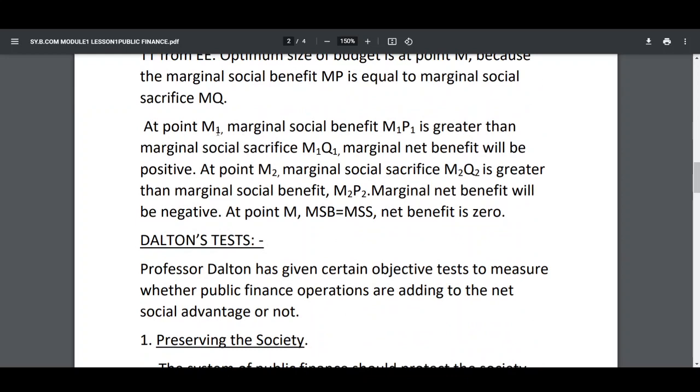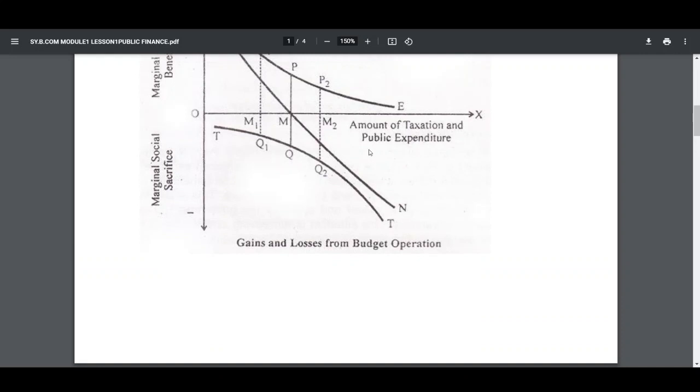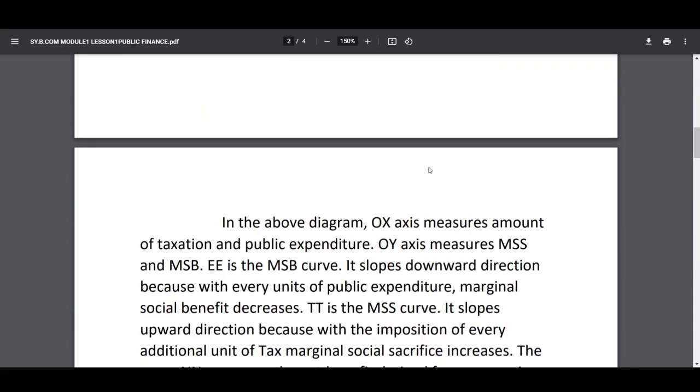Now, at point M1, what happens? At point M1, MSB is greater than MSS. We can say marginal social benefit, the EE curve, is greater than marginal social sacrifice, the TT curve.